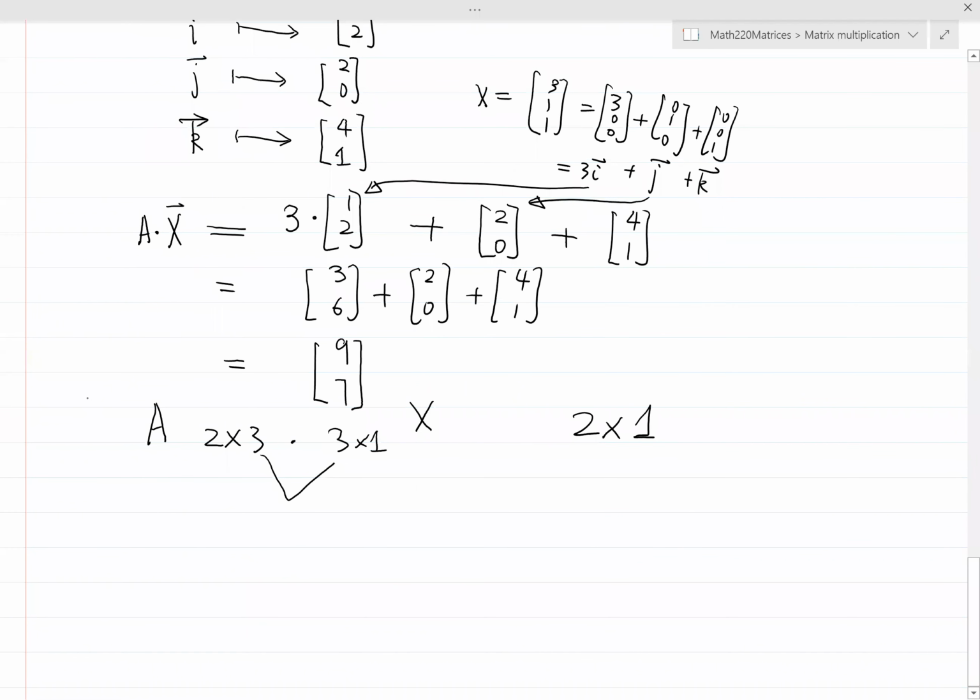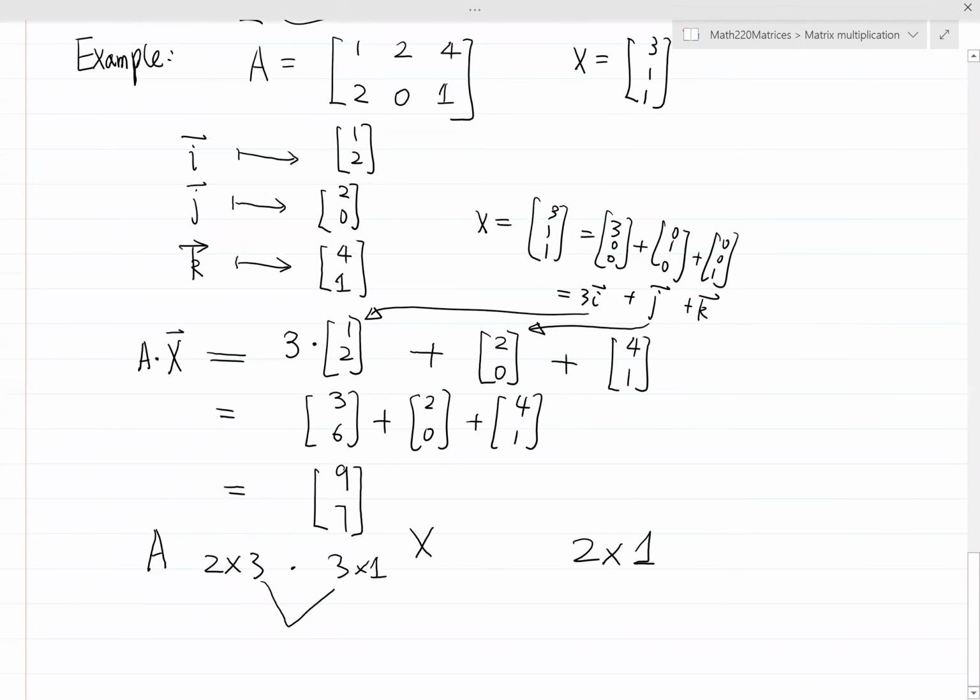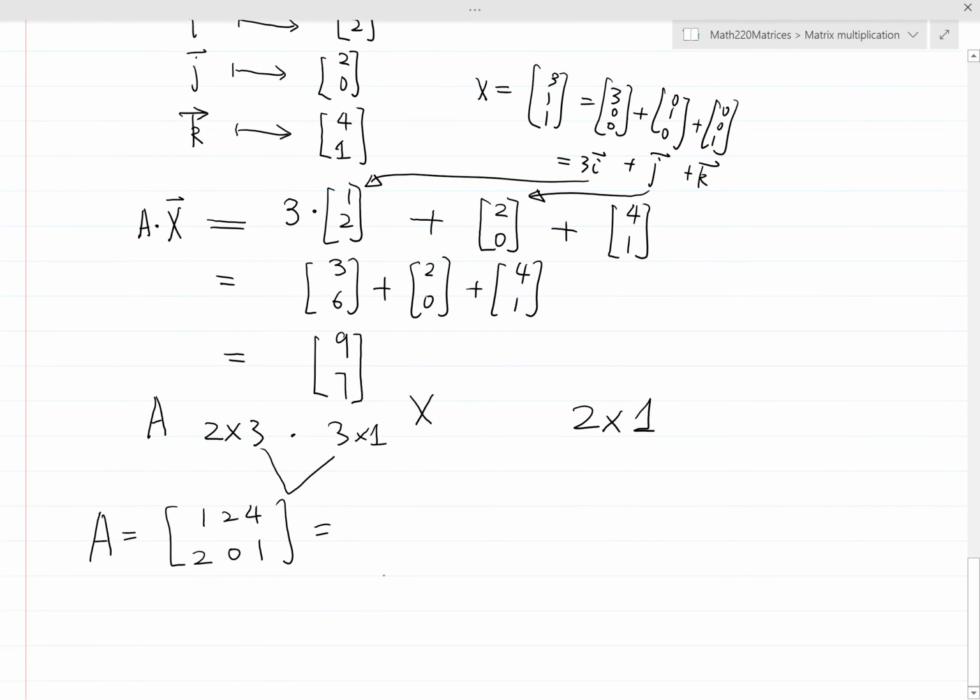Now for the first row, first column, you write A in row vector form, which is R1 and R2, 2 rows.